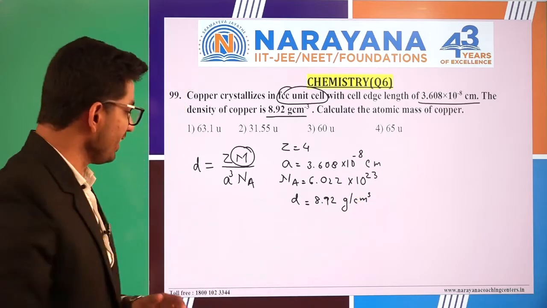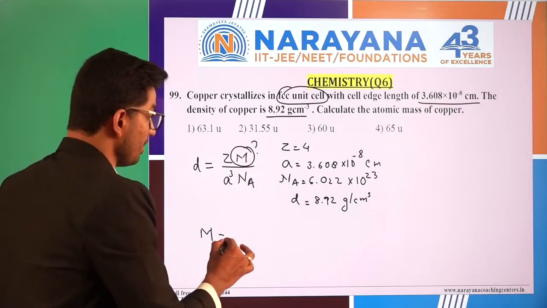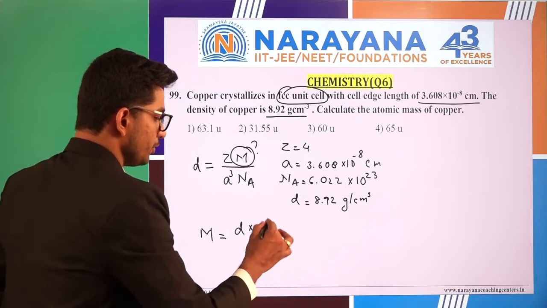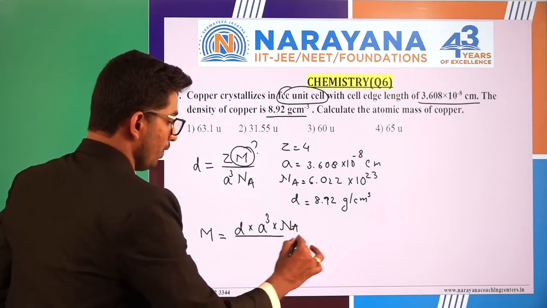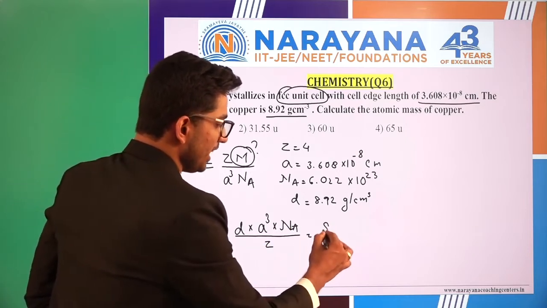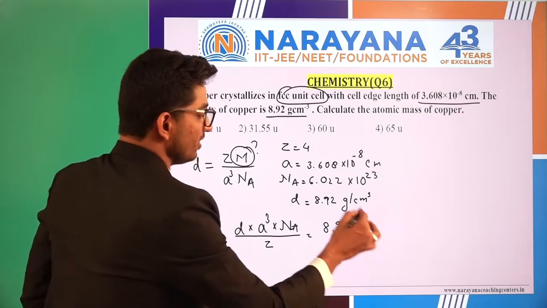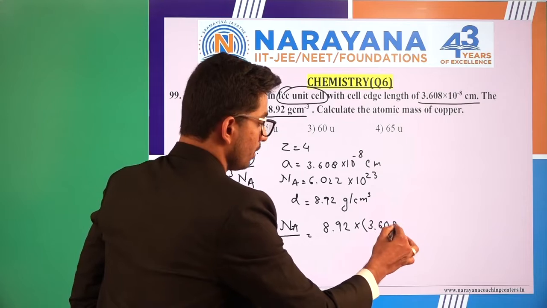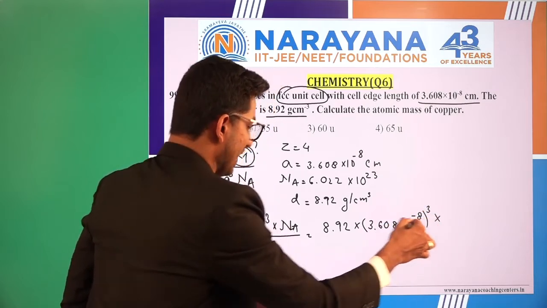So basically, we have to get this, and for this we can write that molar mass equals density D into a cube into Na upon Z. So you have to put the data here. Density is 8.92. Edge length will be taken in centimeter only, cubed, and next is Na.